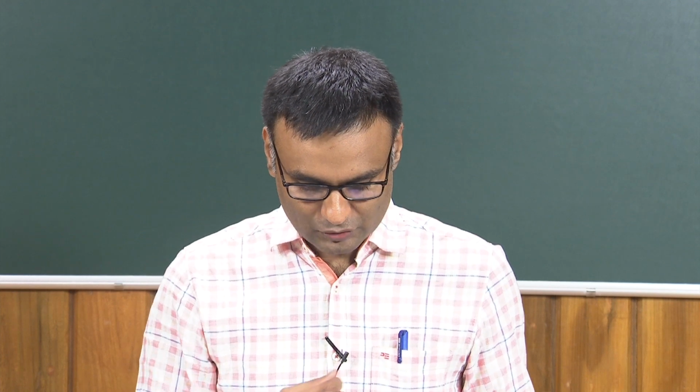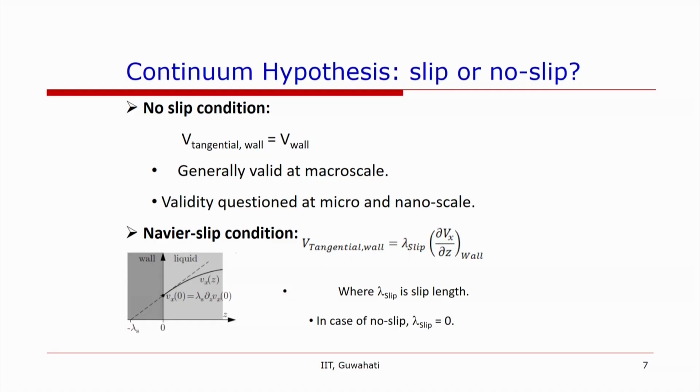I would also like to point out that when there is a slip condition, it can often be modeled using the Navier slip condition. If this is your wall and the liquid is flowing adjacent to it, say from bottom to top, then in case of slip there is some non-negligible velocity at the wall.